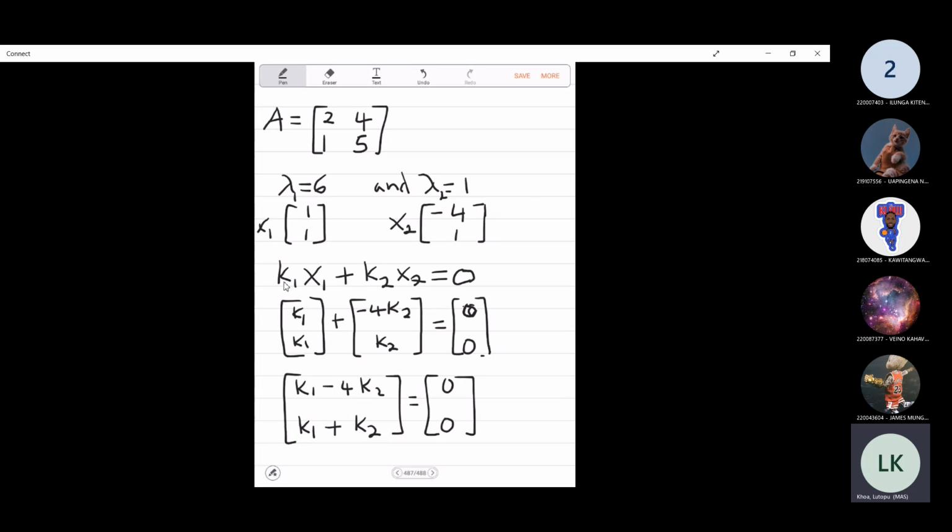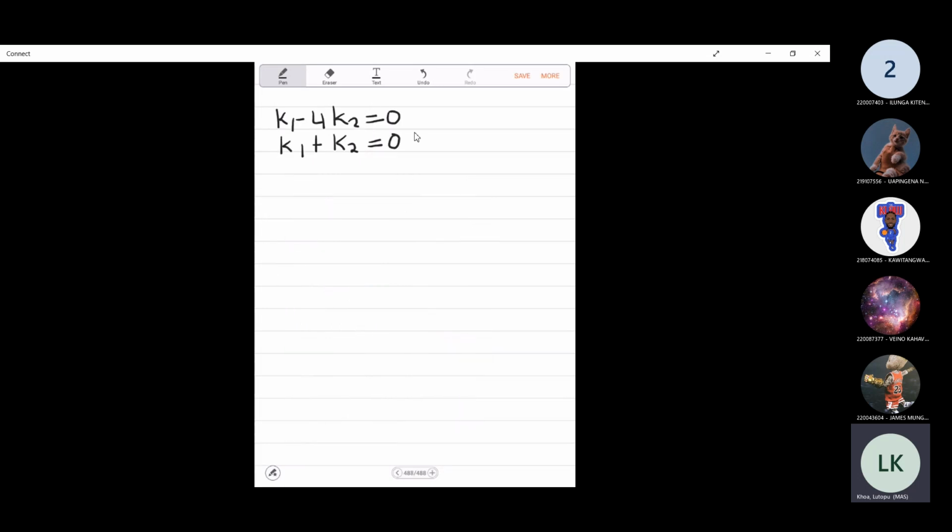So we can then write the augmented matrix. So we have 1, -4, 0, and then 1, 1, and 0. And then we perform Gauss elimination. So here with this row, we can make this one a 0.